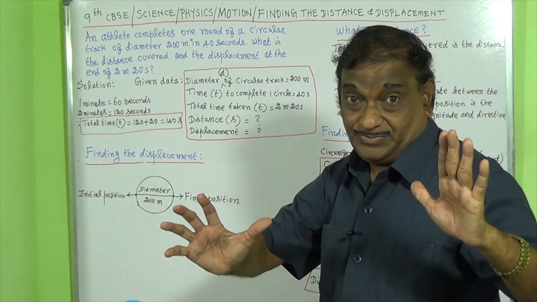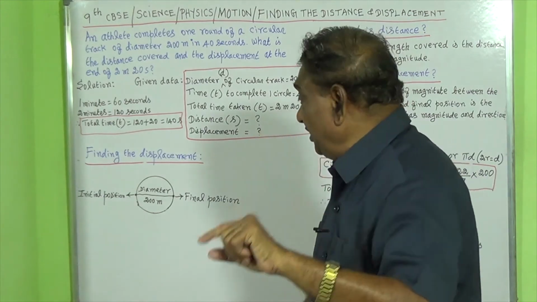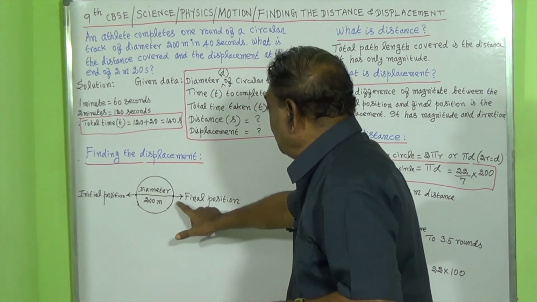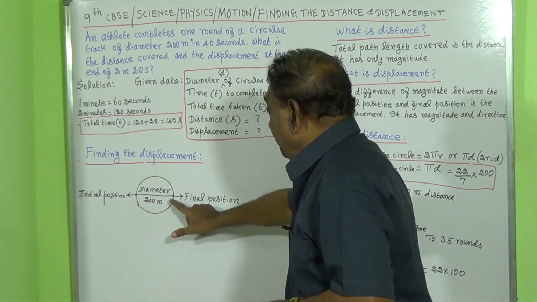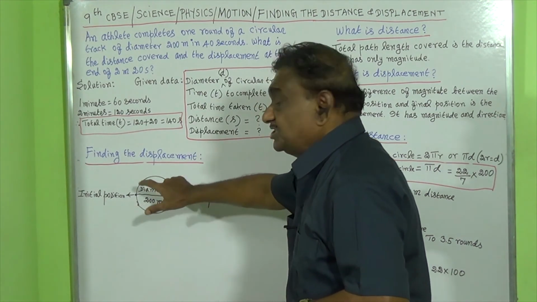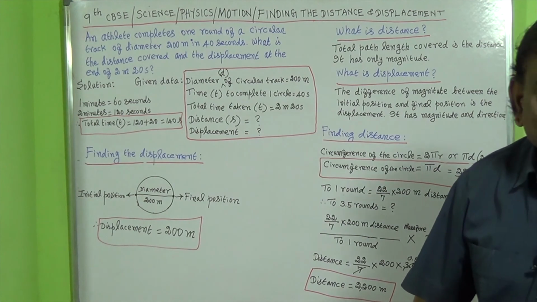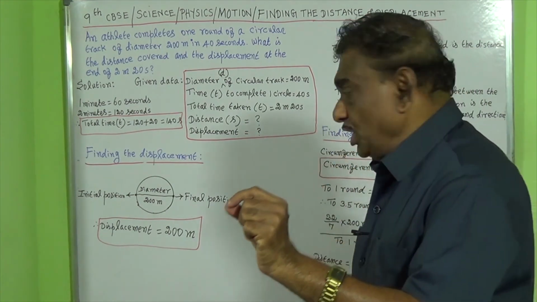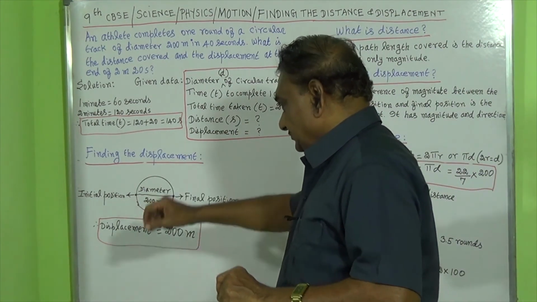That's all. What is the difference between the initial position and the final position? It is the 200 meter. That is, it is the diameter. Therefore, the displacement is 200 meter.